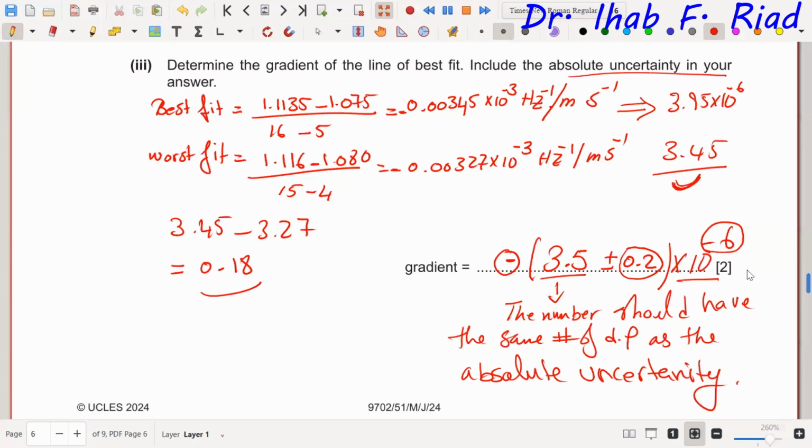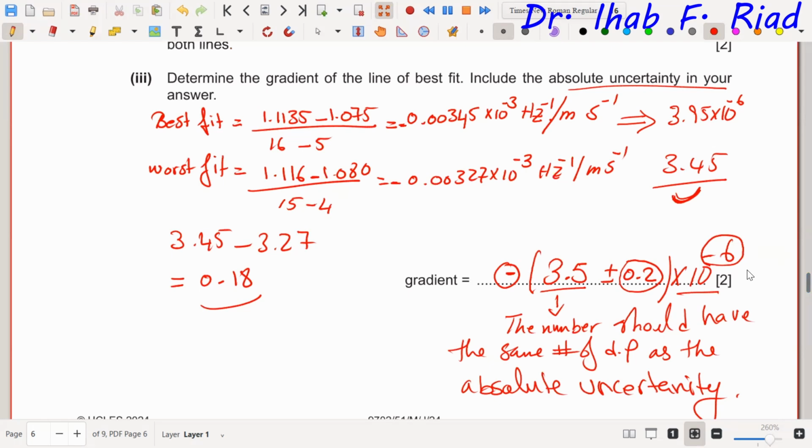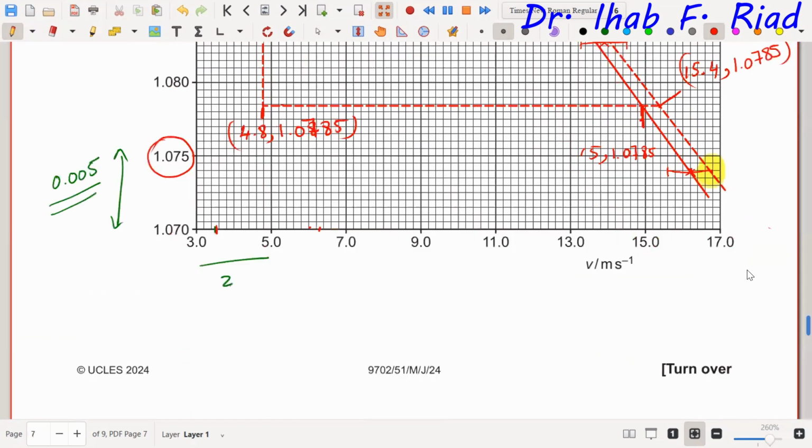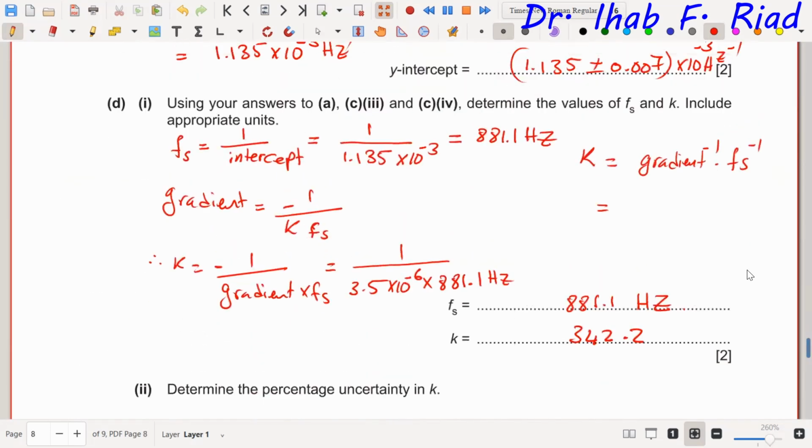Meter second. Okay. It is going to be right from here, right? The inverse of this whole thing is going to be meter minus 1 second over hertz minus 1, right?